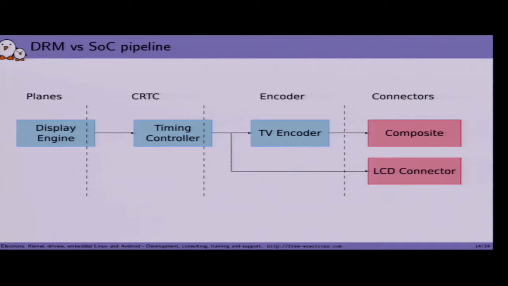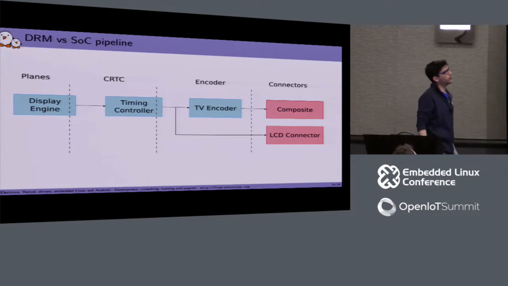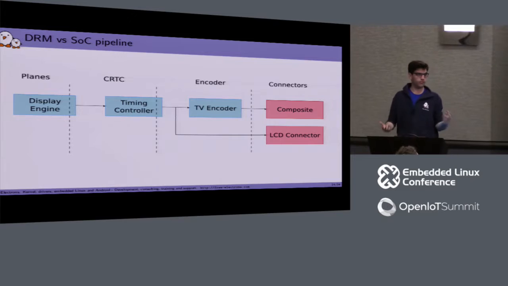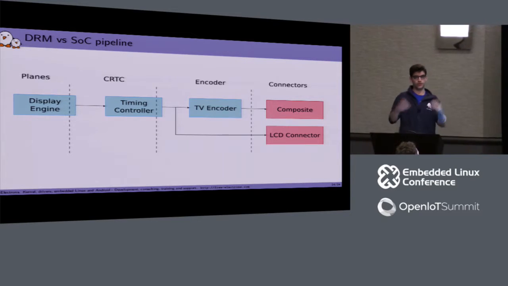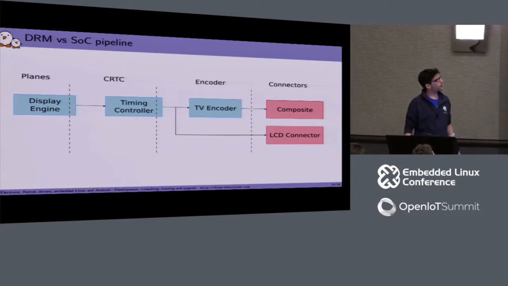And then the TV encoder is an encoder this time. And the composite output is actually just a connector that doesn't even do anything besides being a dumb connector that just passes the frames along.